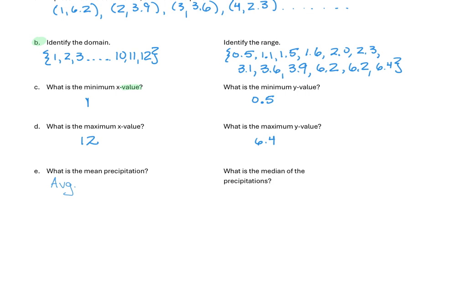If we add up these values, I don't want to write it out again, we get 0.5 plus 1.1 plus 1.5 plus 1.6 plus 2 plus 2.3 plus 3.1 plus 3.6 plus 3.9 plus 6.2 plus 6.2 plus 6.4, and I get 38.4.